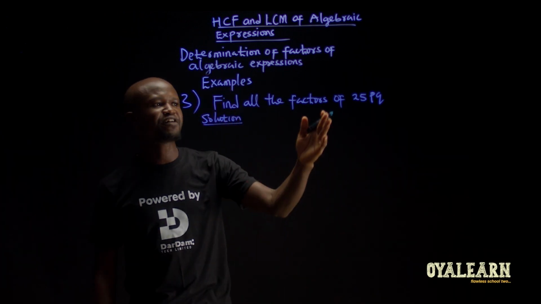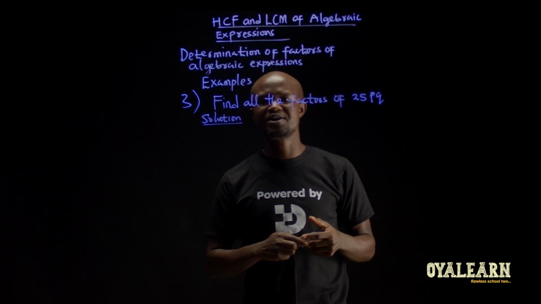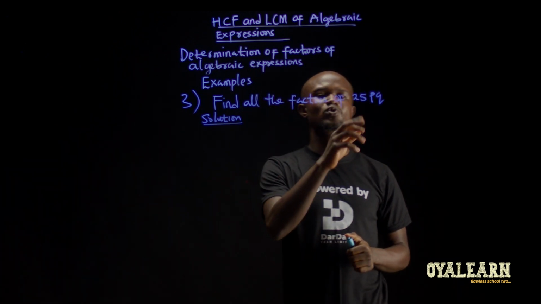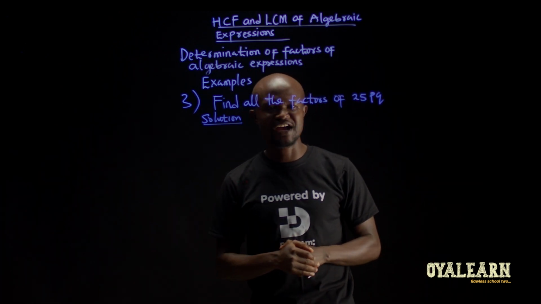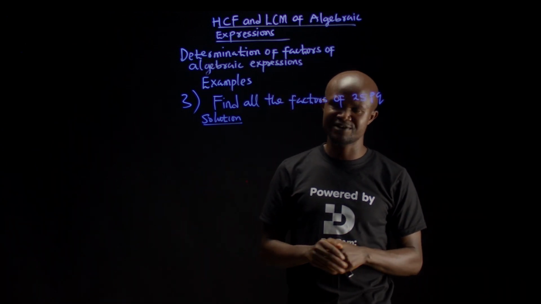Now, looking at 25PQ, for us to get the numeric factors, we look at the number in 25PQ. The quotient of PQ is what? 25.